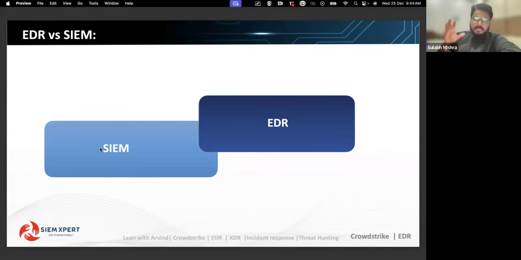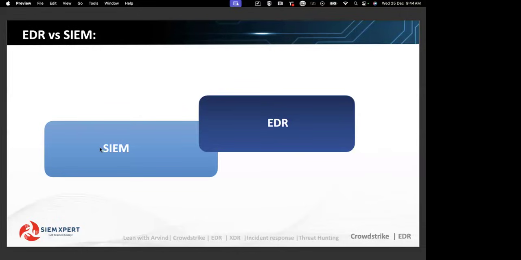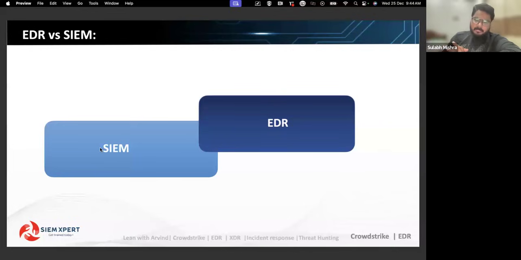You have to tell what kind of detections need to be taken, and enforce restrictions, for example, restricting the USBs of a certain group or certain host. Do you think we'll be able to do that with SIEM? No. EDR is capable of doing it.